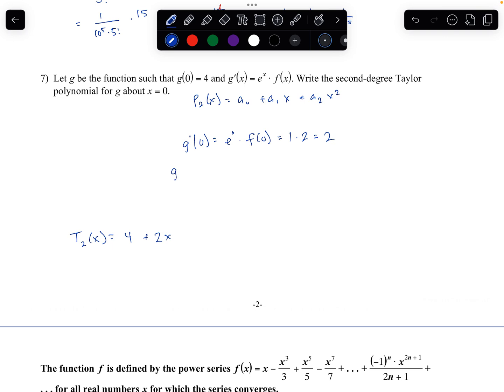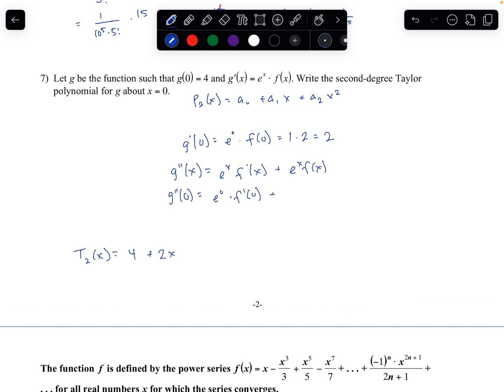Now I do need the second derivative of g in order to calculate the second coefficient. And so I'm going to need the product rule: the first times the derivative of the second plus the derivative of the first times the second. And then g double prime of 0 is going to be equal to e to the 0 times f prime of 0 plus e to the 0 times f of 0.